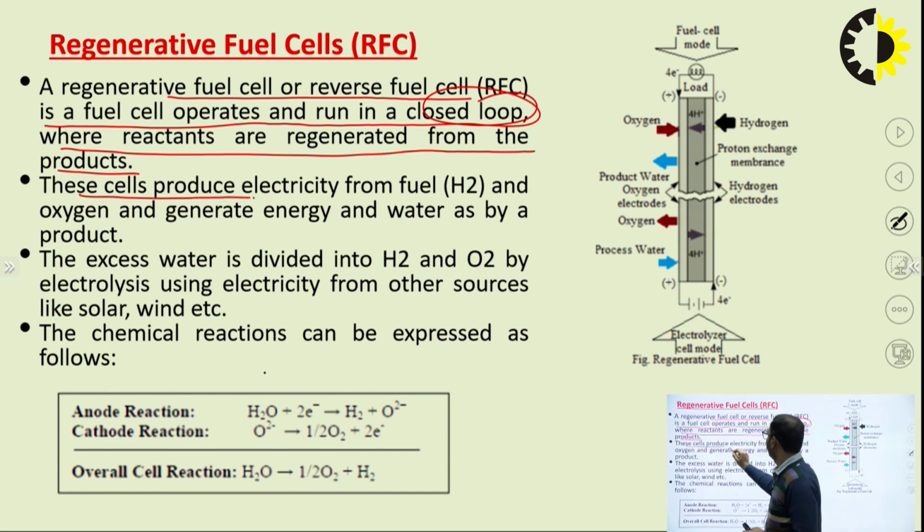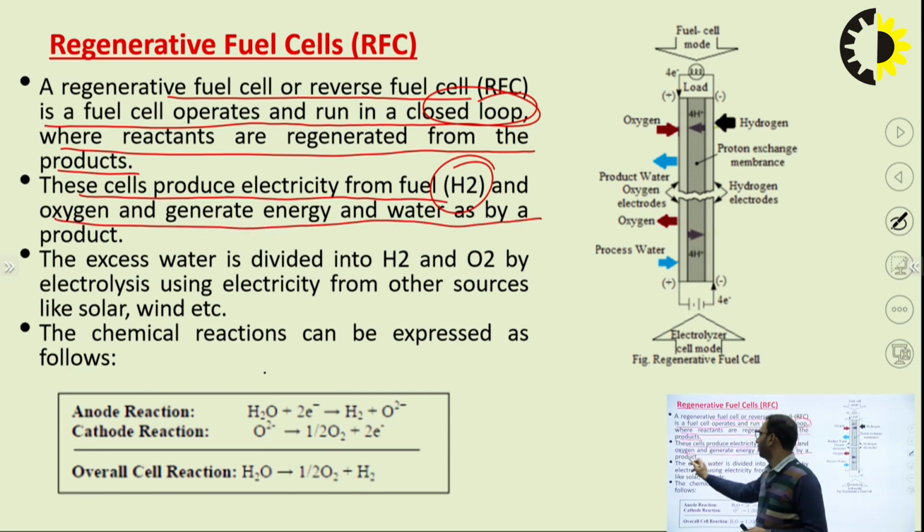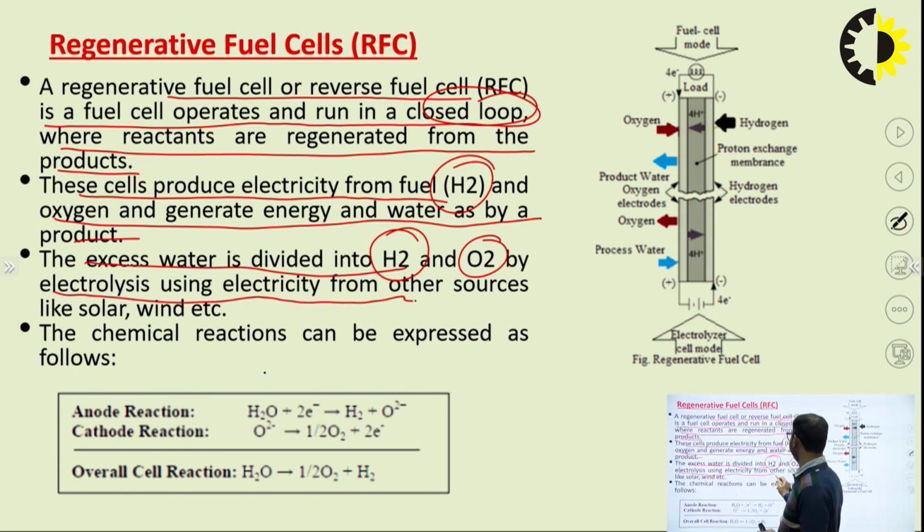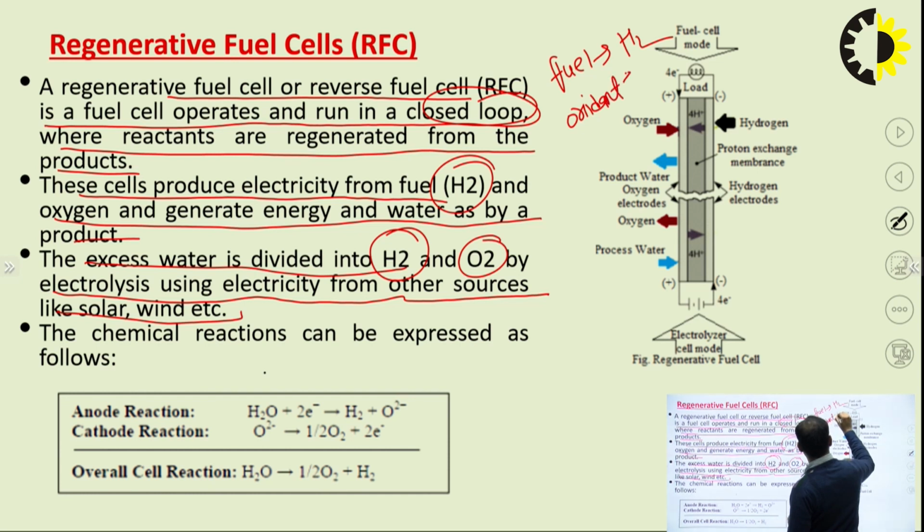This cell produces electricity from fuel H2 and oxygen and generates energy and water as a byproduct. The excess water is divided into H2 and O2 by electrolysis using electricity from other sources like solar, wind, etc. So, in the regenerative fuel cell, fuel is hydrogen, oxidant is O2.